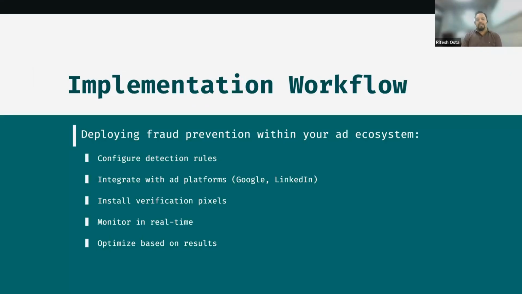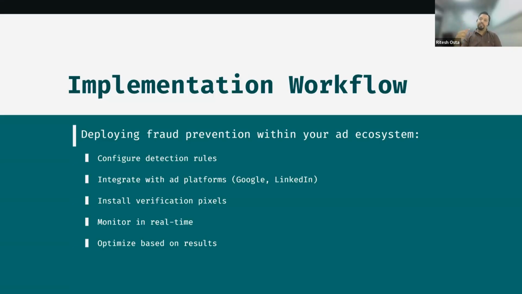So the implementation workflow: how to implement it? Deploying ad fraud protection within your ad ecosystem. Once you have identified that there is a problem, there needs to be an implementation workflow. The workflow generally goes like this. You put up the tools, and then you configure the detection rules. You've got to set those rules. Integrate with ad platforms, whether it's Google, Meta, LinkedIn, whatever it is.